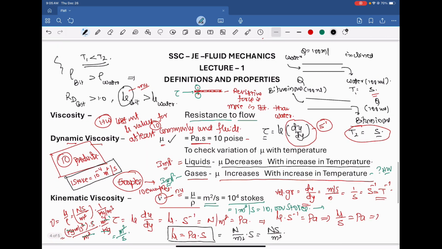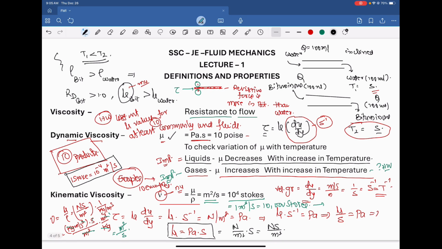Then next, we have talked about viscosity, resistance to flow, dynamic viscosity, different units of dynamic viscosity, and variation with temperature. In liquids, mu decreases with increase in temperature. In gases, mu increases with increase in temperature. Next comes kinematic viscosity, the various units of kinematic viscosity and their derivation.